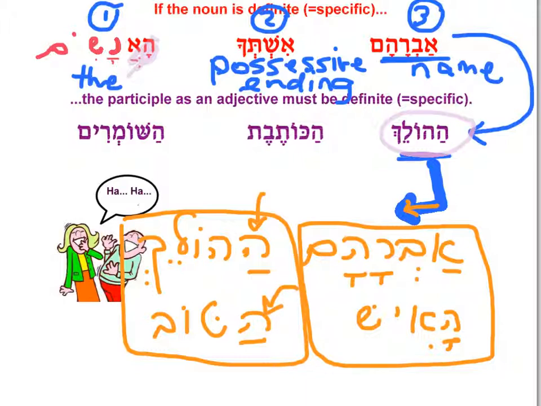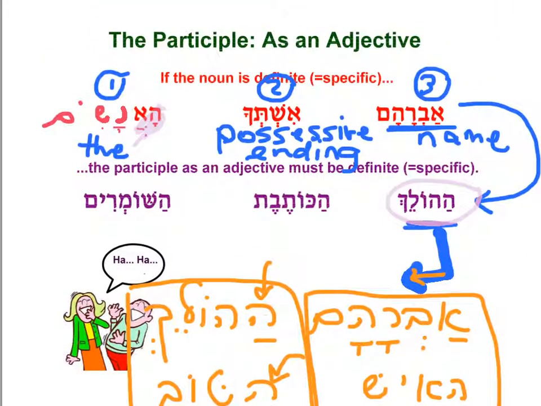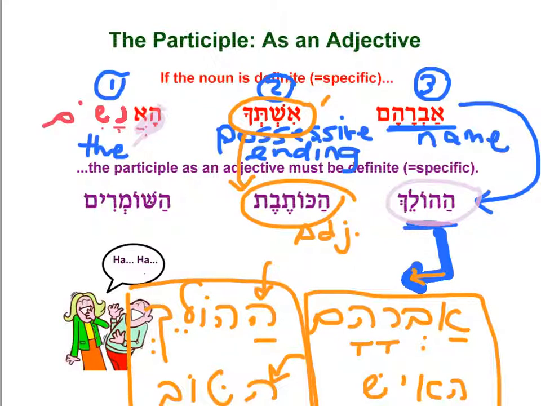And you can see that the same thing holds true with ishtecha, ha-kotevet. They are both specific. So ha-kotevet would be functioning as my adjective, and ishtecha is my noun. Ha'anashim, ha'shomrim.